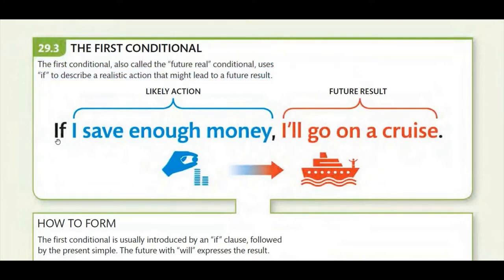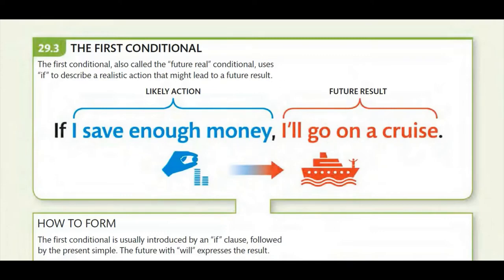Here, this is a likely action, I save enough money, and this is a future result that might happen. If I save enough money, I'll go on a cruise. If I save enough money, then this could be the result.